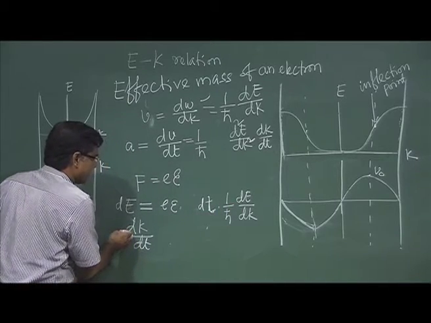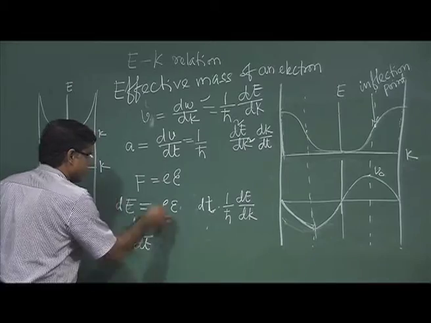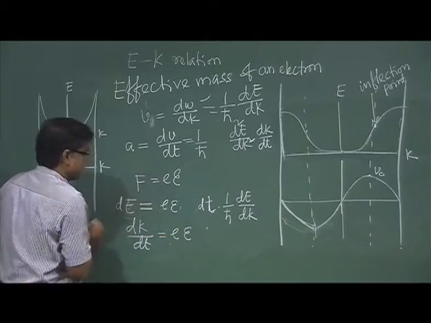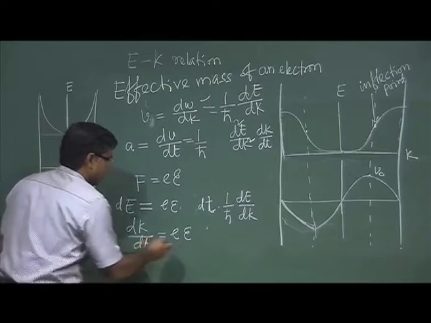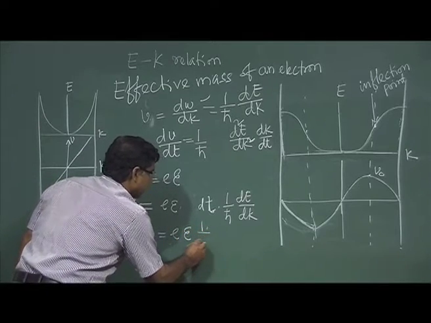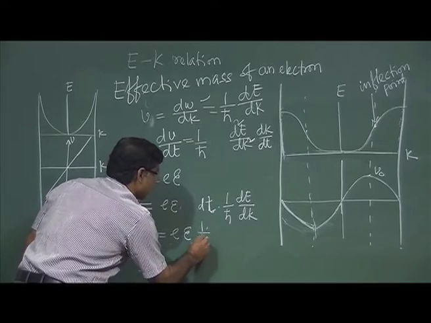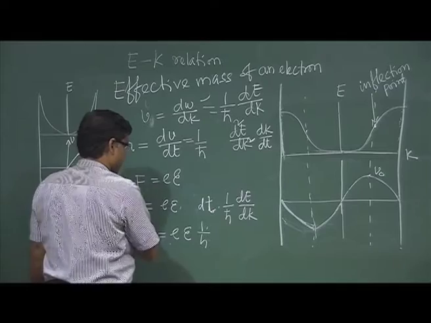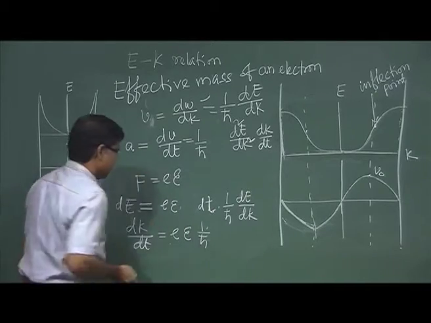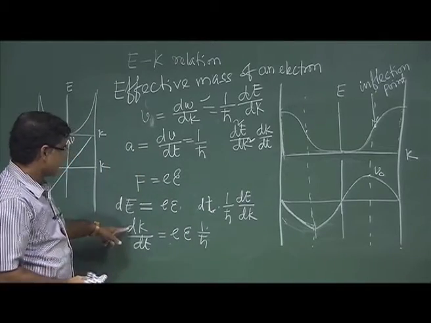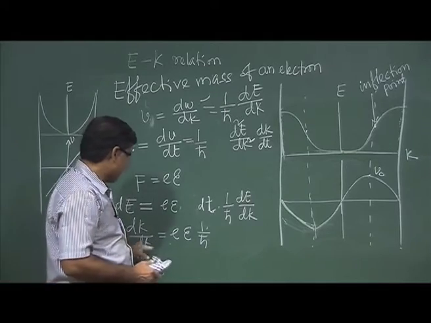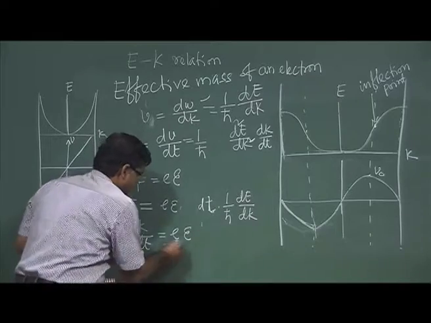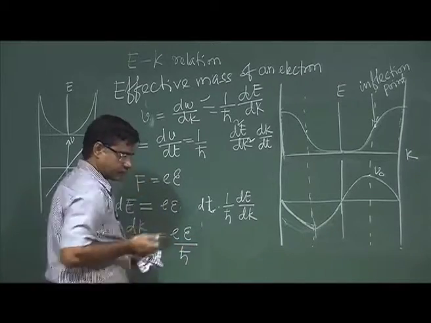So, you will get dk by dt equal to E, the electric field, times 1 by h cross. Is it correct? Yes, I think so. So, dk by dt equals this, eE by h cross, right.